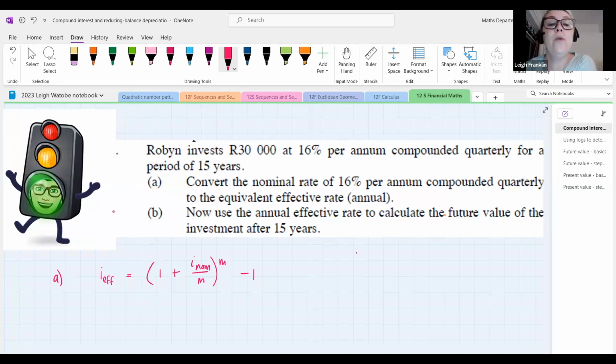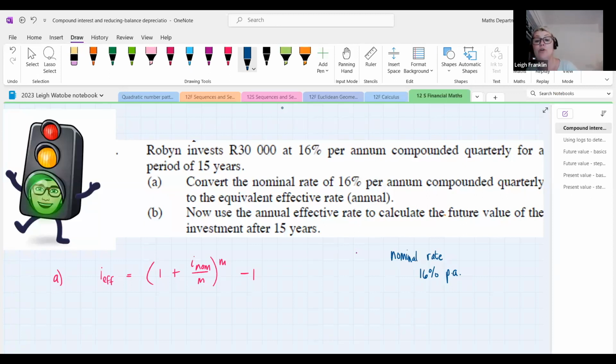When we are talking about a nominal rate, we will be quoted a rate per annum. So let's say we are quoted 16% per annum. But the way that it is compounded is different.